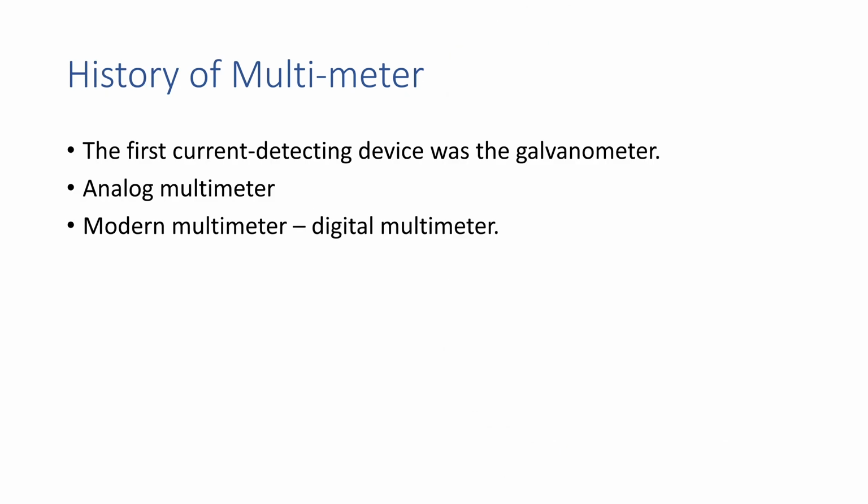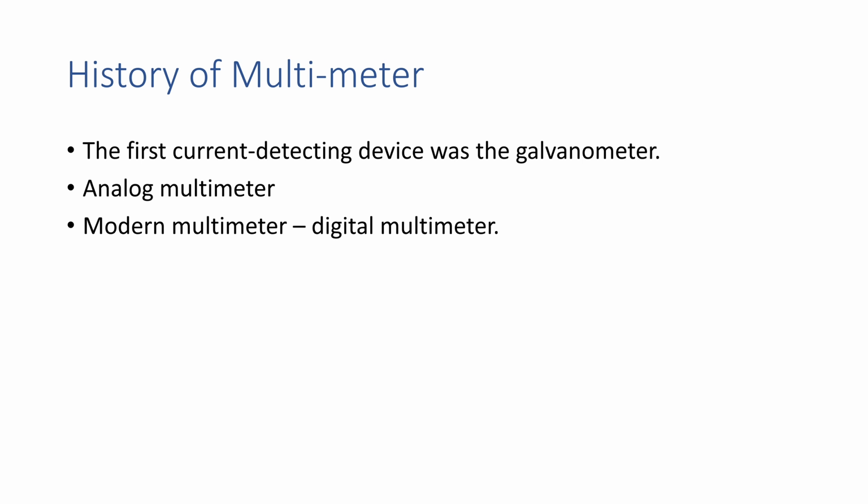And here's the brief history of multimeter. The history of multimeter is quite simple. It has 3 generations. The first current detecting device was the galvanometer. It was invented in 1820s. The second generation is the analog multimeter.